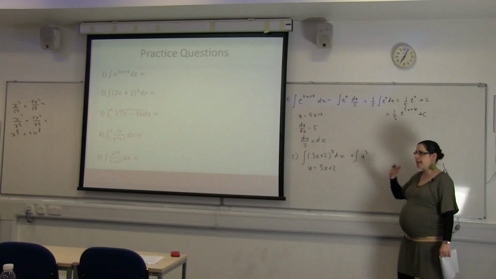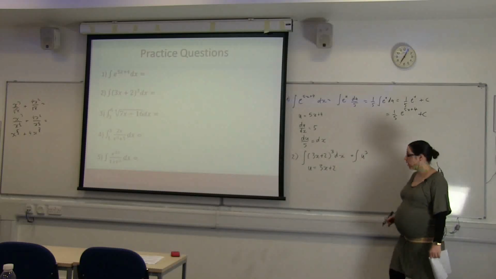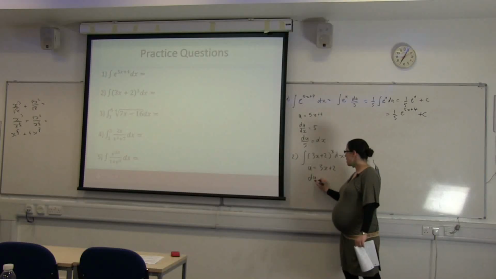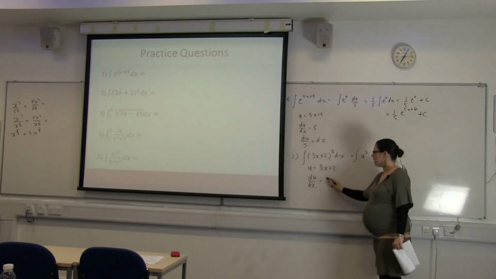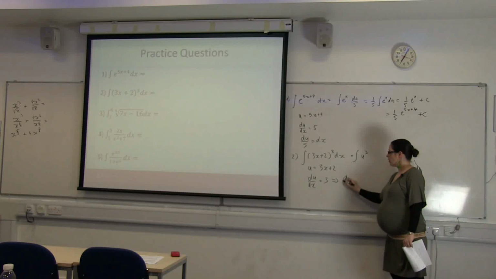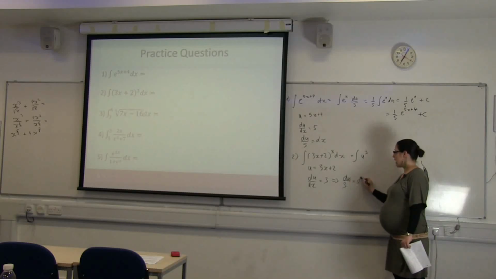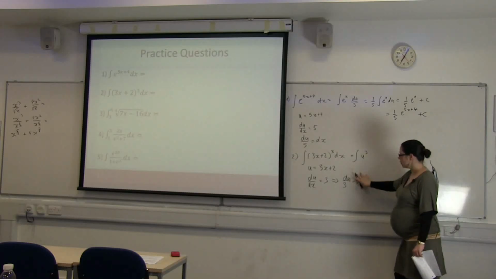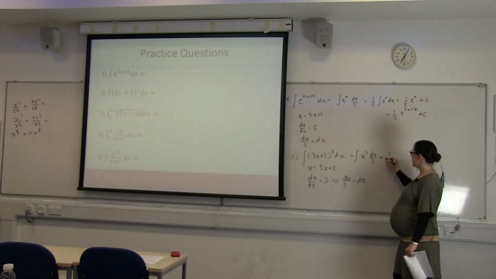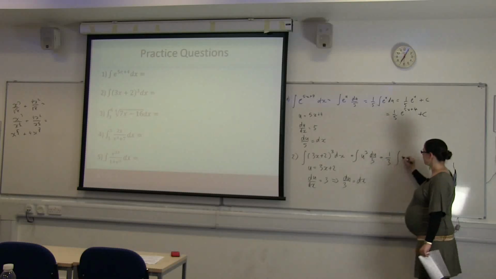So now I need to find out what is the new variable of the integral. So du dx equals 3. So from this one, du over 3 equals dx. And now I can substitute instead of dx the du over 3. And again, I can bring the 1 over 3 out.